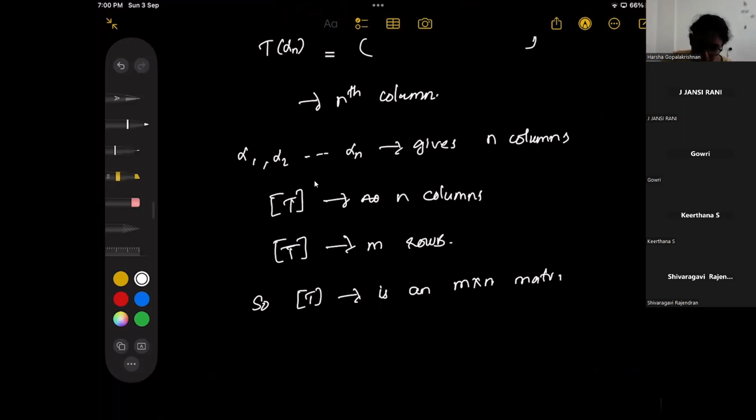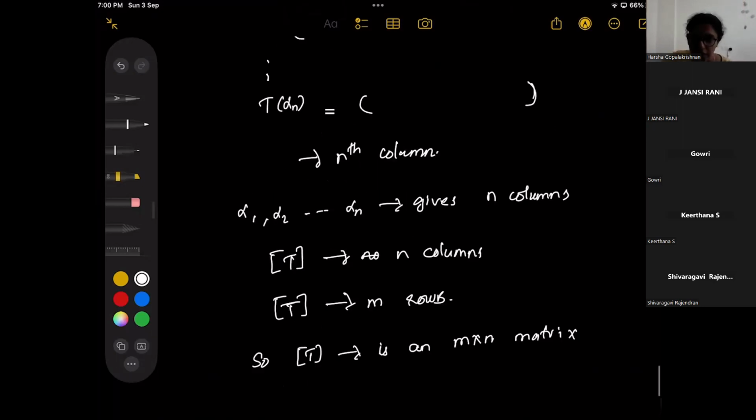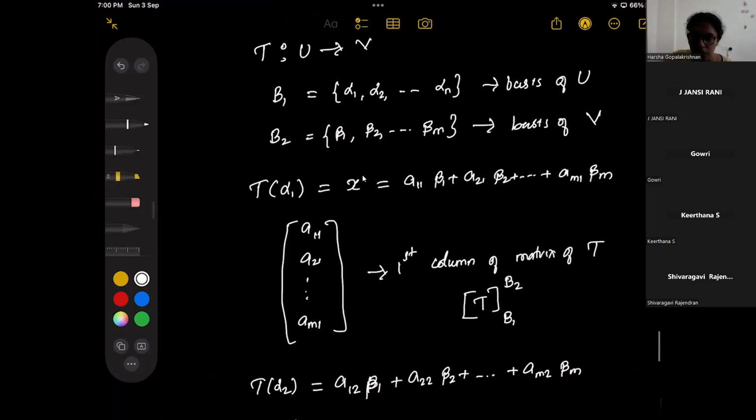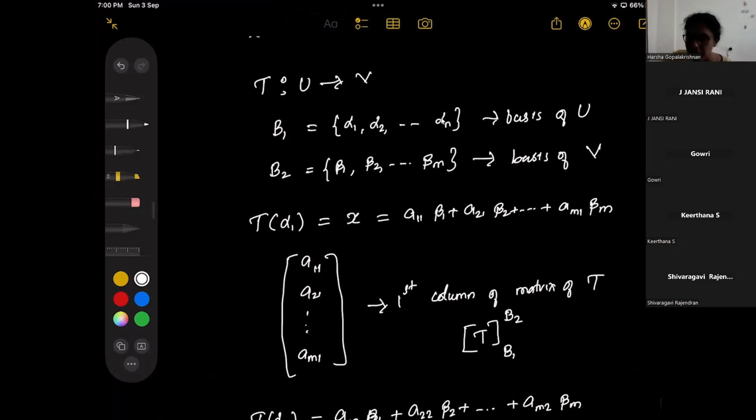And what is m? M is the number of elements in B2, that is, B2 means beta 1, etc., beta m. And n is the number of elements in B1.